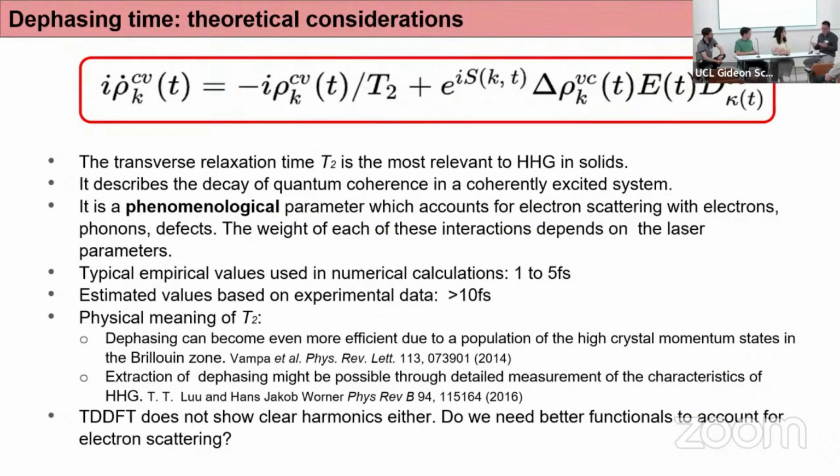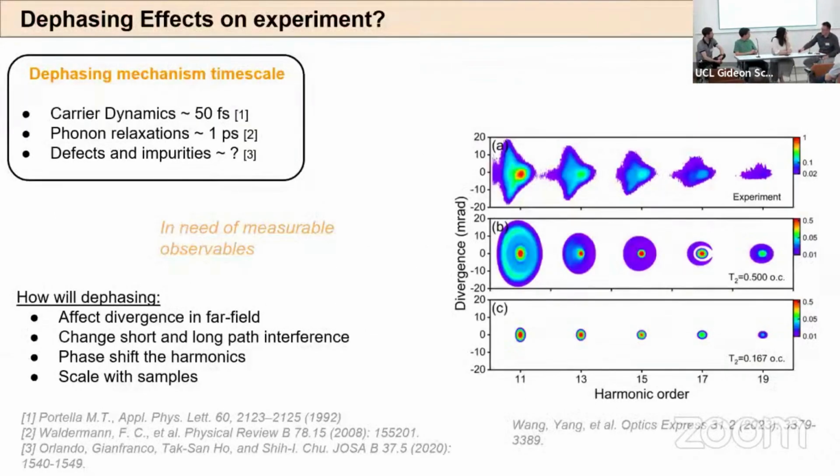That makes us wonder, okay, perhaps we have not found the correct exchange correlation potential, or perhaps there might be other additional macroscopic effects which might be responsible for those disagreements, right?